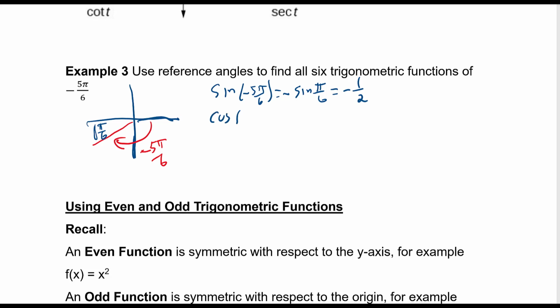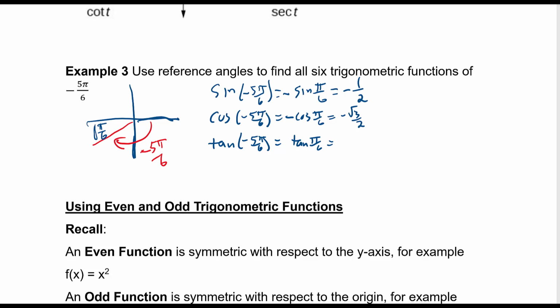Cosine of negative 5 pi over 6 will also be negative cosine of pi over 6. So again, that's the quadrant, and that's going to be negative square root of 3 over 2. Tangent of negative 5 pi over 6 is going to be the positive of tangent of pi over 6, because in that quadrant tangent's positive.